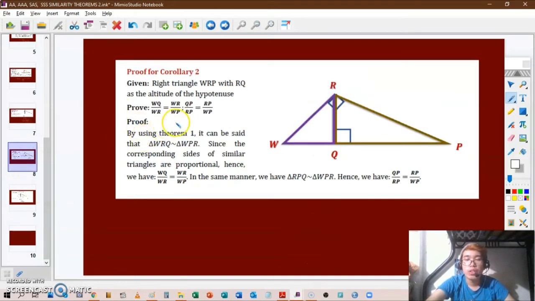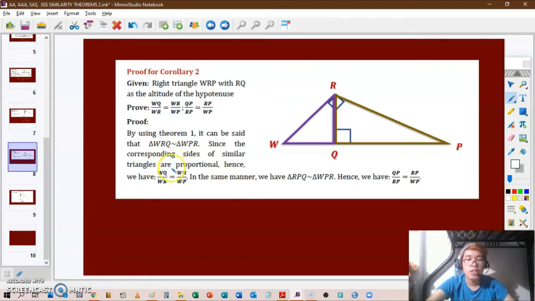So for corollary number 2, right triangle WRP and RQ as the altitude to the hypotenuse. We have here WQ all over WR is equal to WR all over WP, and QP all over RP is equal to RP all over WP. Again, by using theorem 1, it can be said that triangles WRQ and WPR are similar to each other.